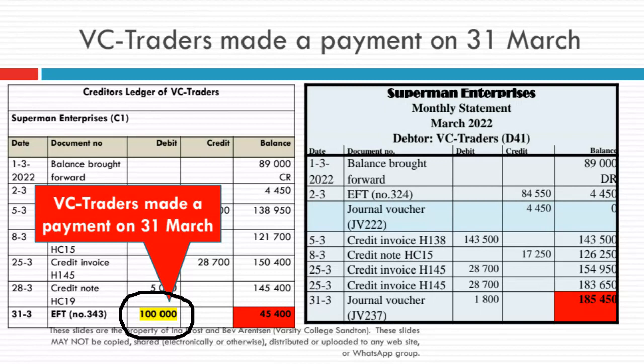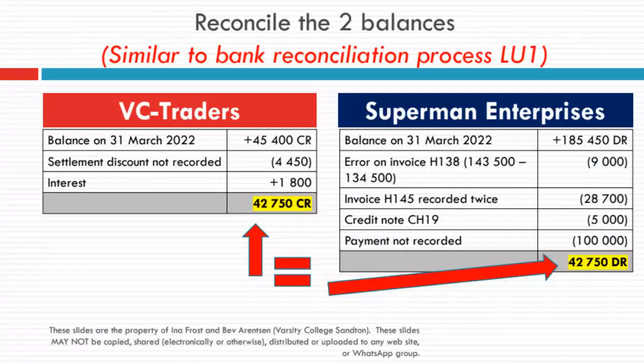So that also explains why there is a difference in the two balances. So we also need to adjust Superman Enterprises with that 100,000 Rand EFT payment.